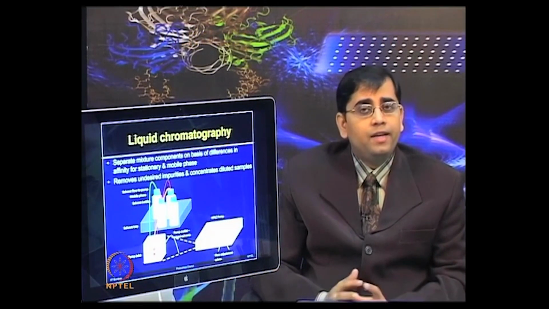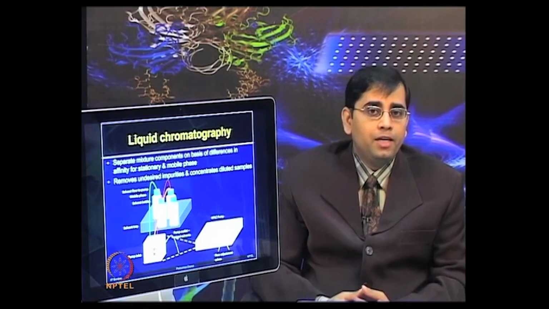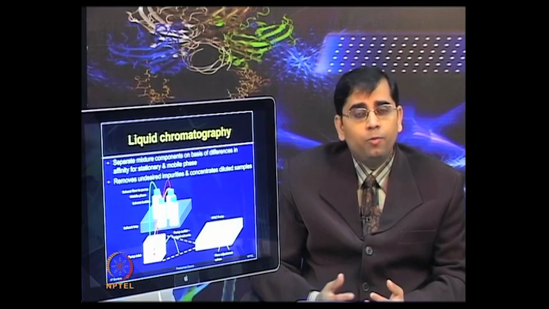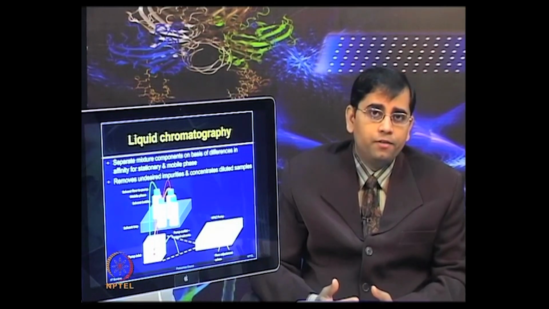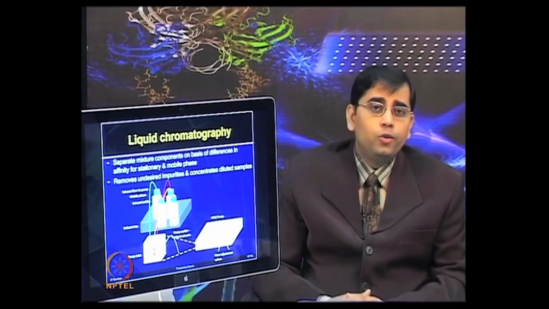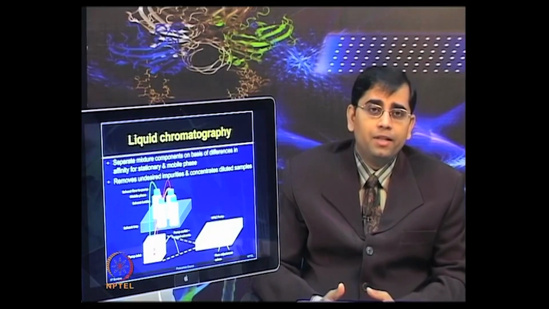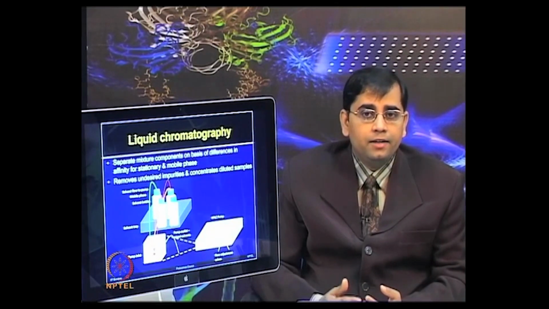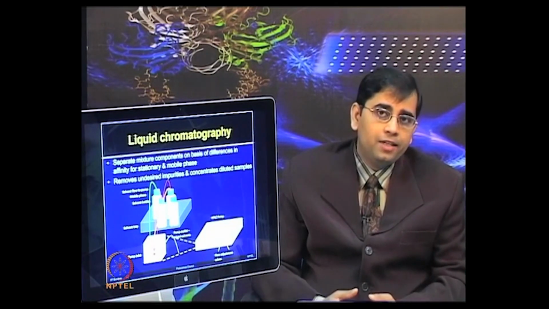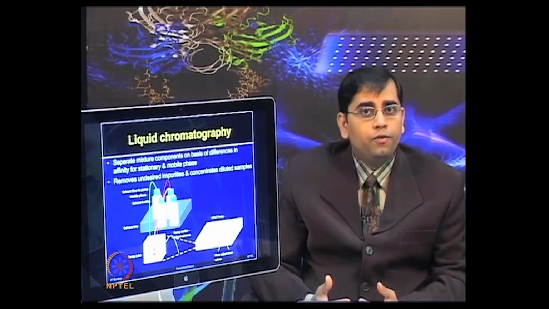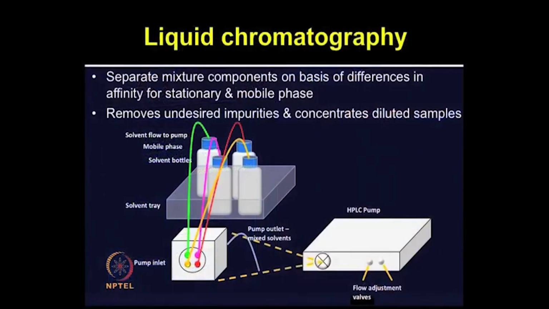Therefore, for various types of mass spectrometry based applications, it increases the reproducibility and robustness for analysis of peptides and proteins. It also concentrates the diluted samples, and therefore it increases the detection sensitivity of low level proteins when you are applying different types of proteomic technologies.